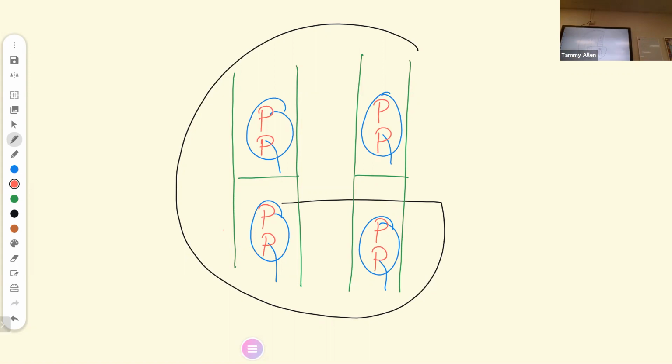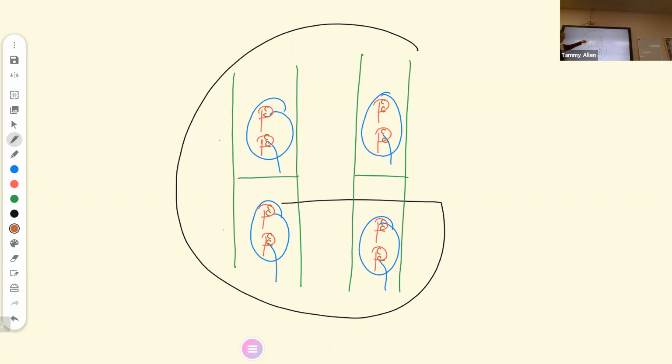How many cups are in a pint? Two. If there are 2 cups in a pint, how many cups are in a quart?